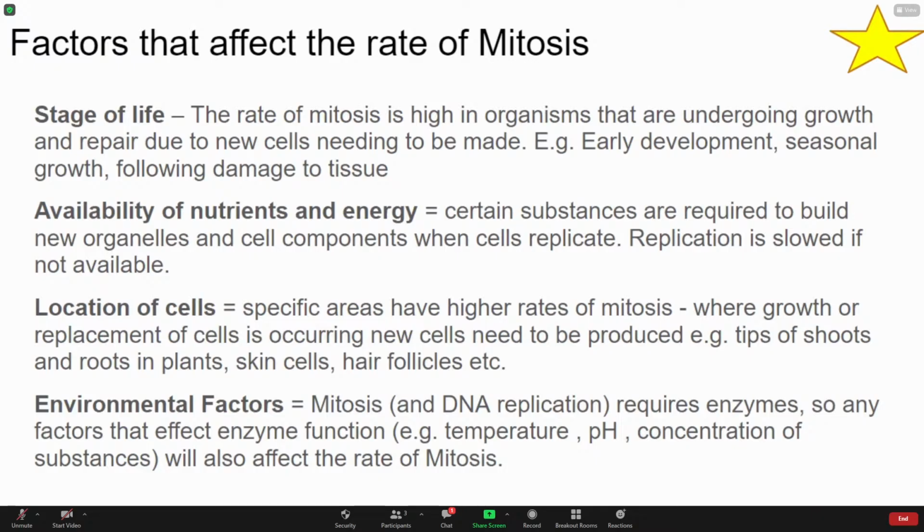Another example of where location is important is cells in the gut or the intestine of an animal. Because there is food and material passing through the intestine constantly, that provides friction and wear against the walls of the intestine. This will damage the cells and rub them off. So the cells in the wall of the intestine need to be undergoing a high rate of mitosis to be able to replace those cells that are rubbed off due to the food passing by.